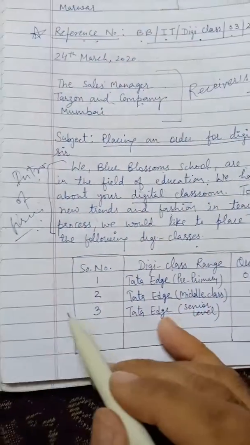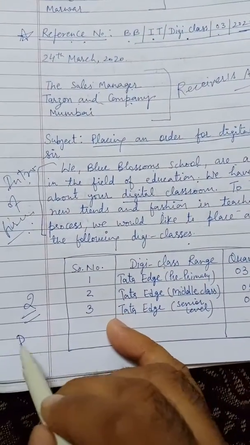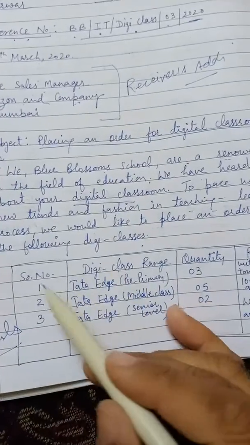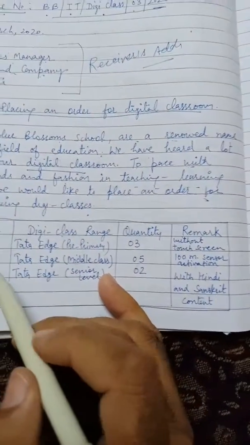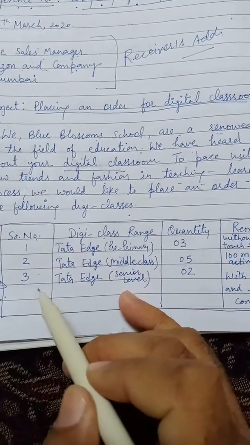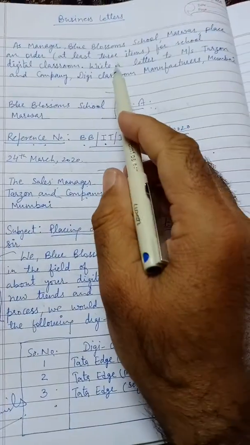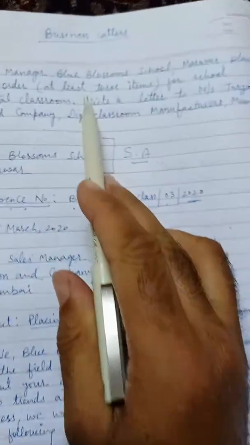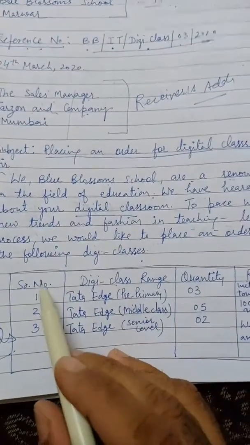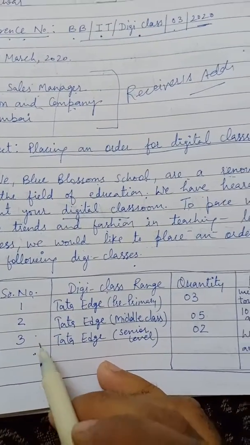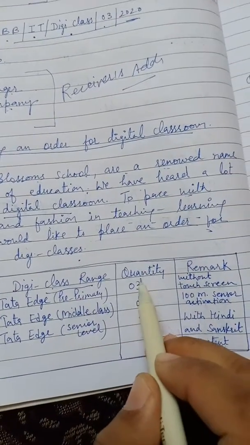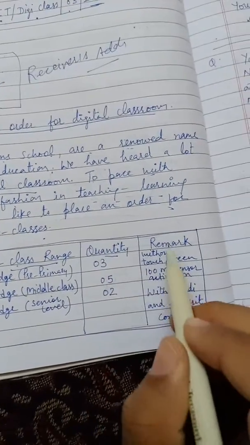And this is the second one, in which we give the details of the order. I have made a table over there, and you can see the tabular form. This is serial number 1, 2, 3, as it was asked, at least 3 items. So 3 items are there: digital classroom range, particulars, quantity, and remark.